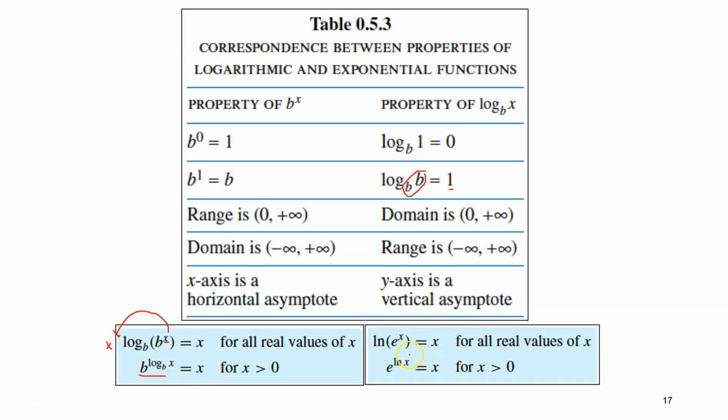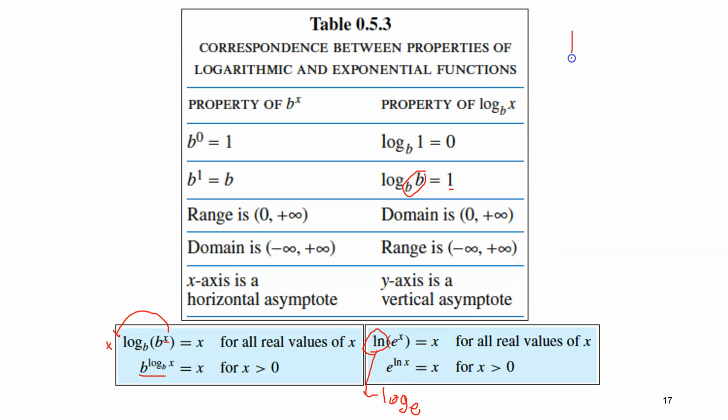Okay, and for this one, ln of exponent x, you will get x. And exponent of ln x, you will get x. Okay, what is ln over here? Ln over here is actually log base e. That's why we call it ln.